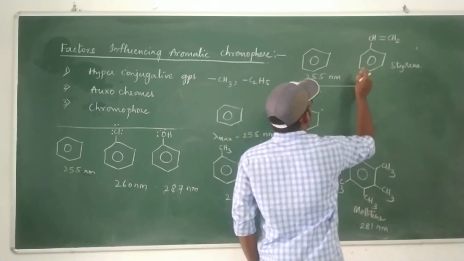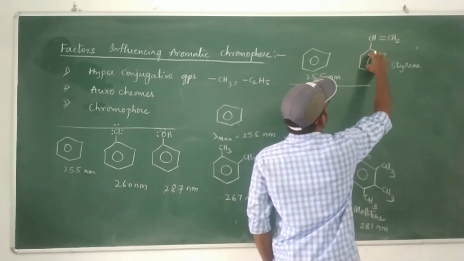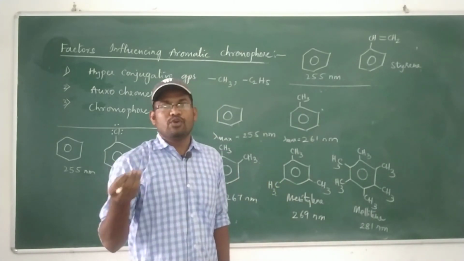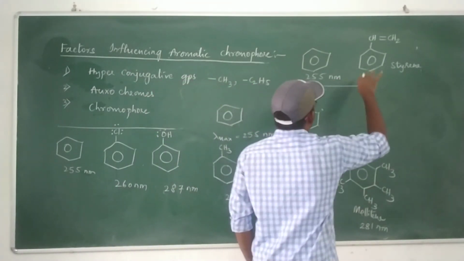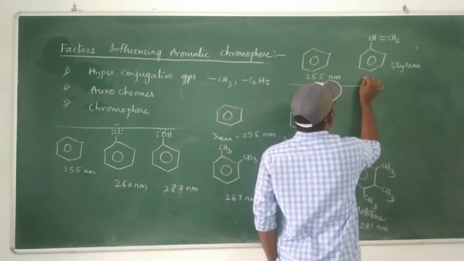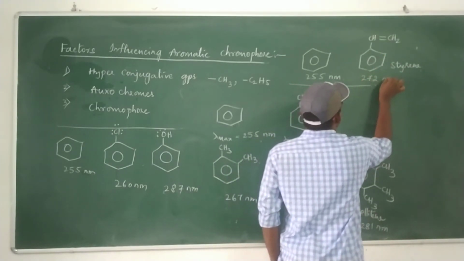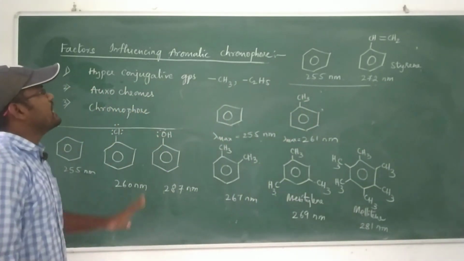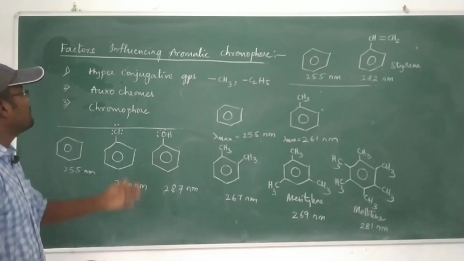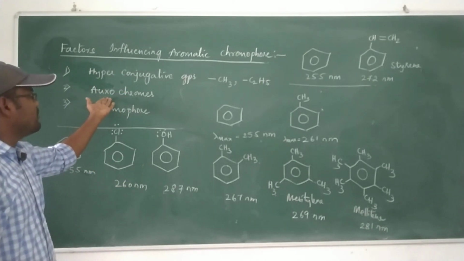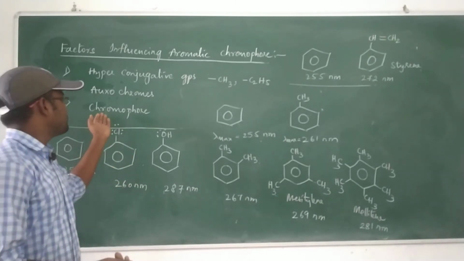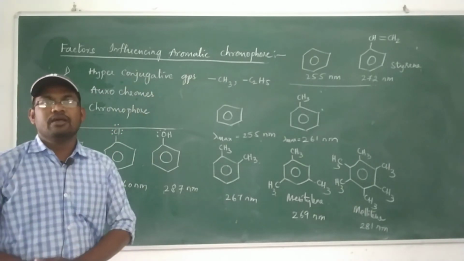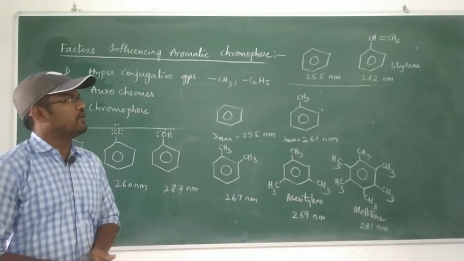Styrene has an aromatic chromophore attached to a simple chromophore, which enhances lambda max. It shows 272 nanometers. So these are the factors influencing the aromatic chromophore: first, hyperconjugative groups; second, presence of auxochromes; third, presence of chromophore. These three factors enhance the lambda max value of the aromatic chromophore.